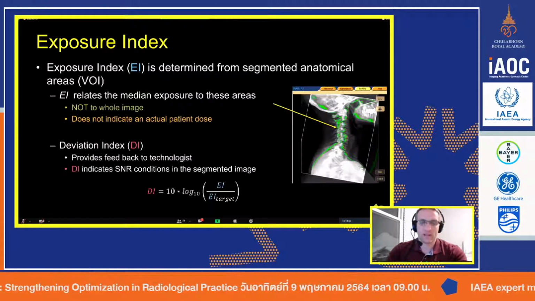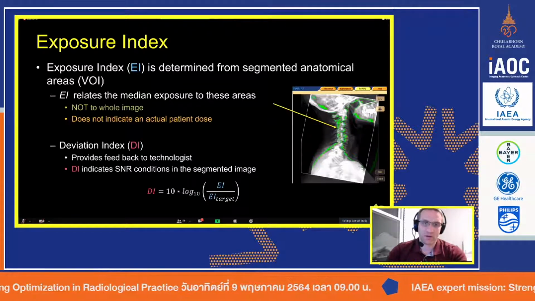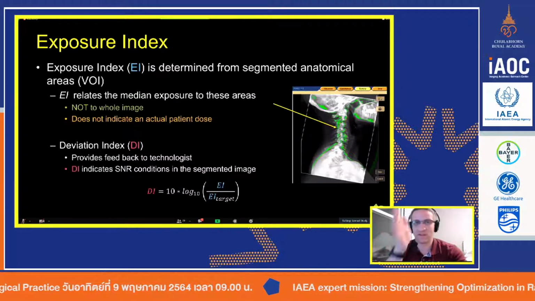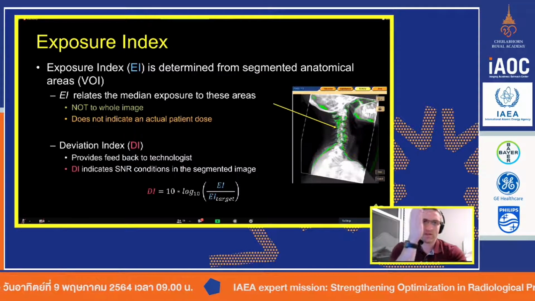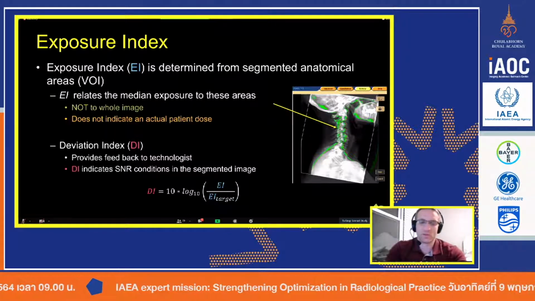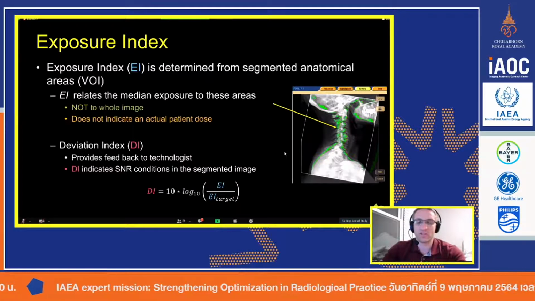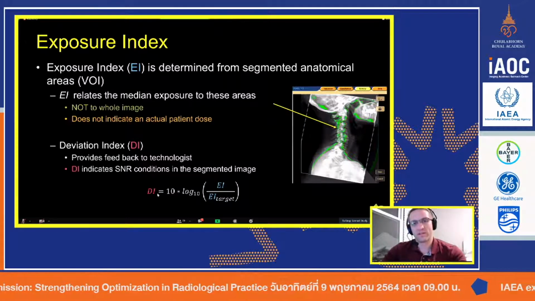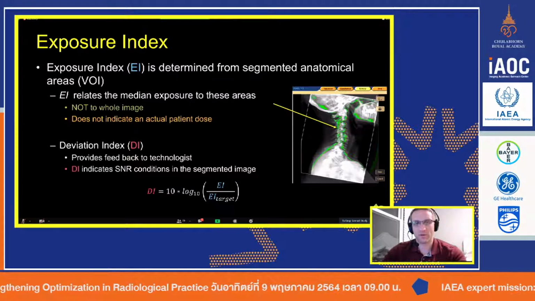Now, like I said, EI is a great number, but EI for a C-spine is different than the EI of a chest, of a lateral skull, et cetera. So we're going to use this value to calculate DI. I recommend this just because it's so much easier to remember.